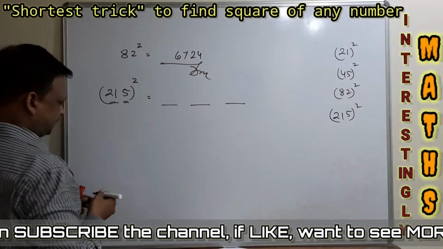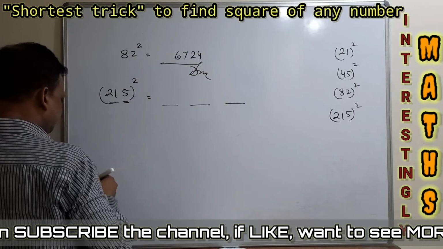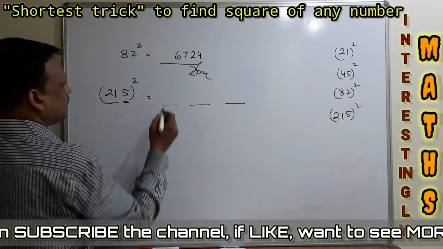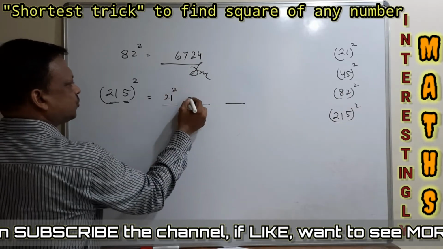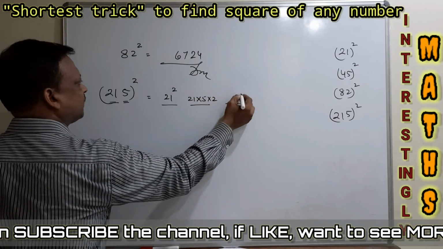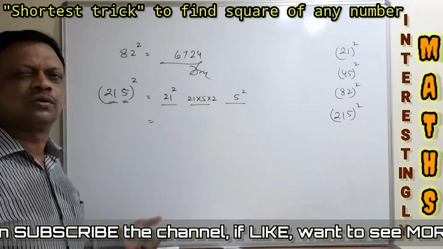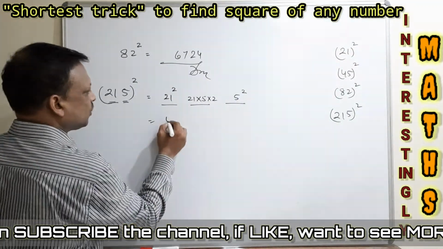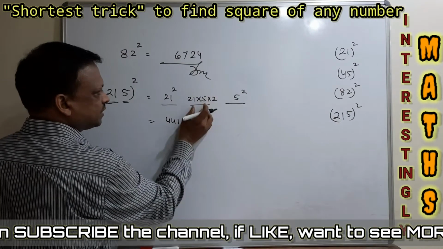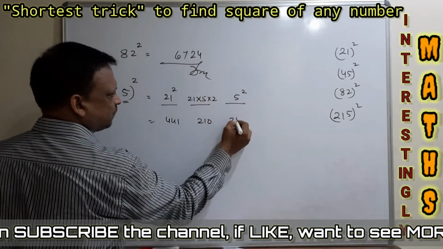So this is 21 square, 21 into 5 into 2, and 5 square. 21 square, we all know, is 441, this is 210, and this is 25.